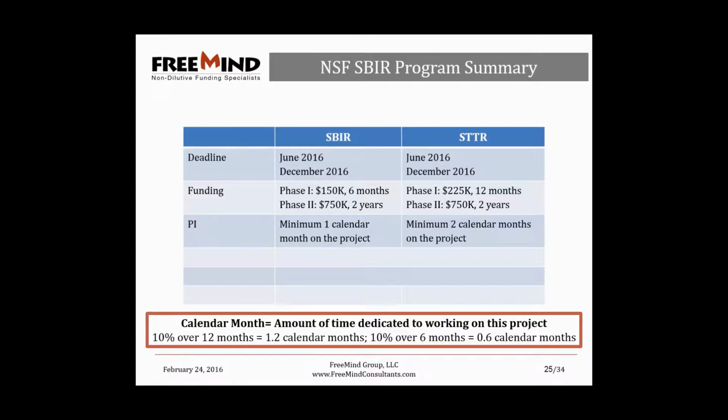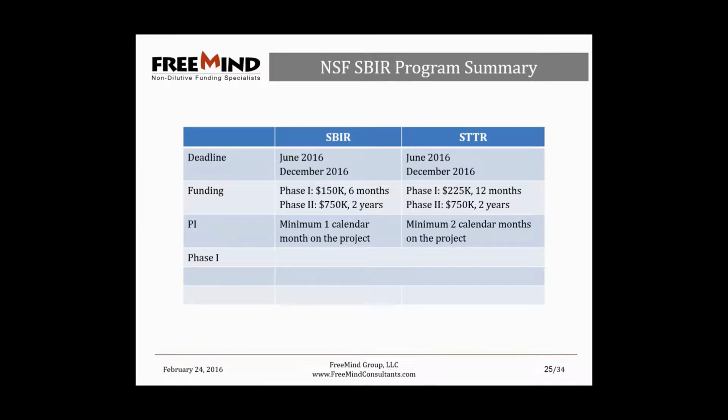For the STTR program, a minimum of 2 calendar months is required for the PI. For phase 1 of both the SBIR and STTR program, the goal is basically feasibility and a commercialization plan. For phase 2, you have to start with prototype development. And again, the fast track is not available within the NSF for either the SBIR or the STTR.